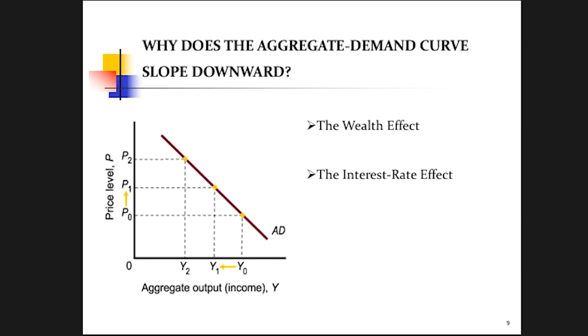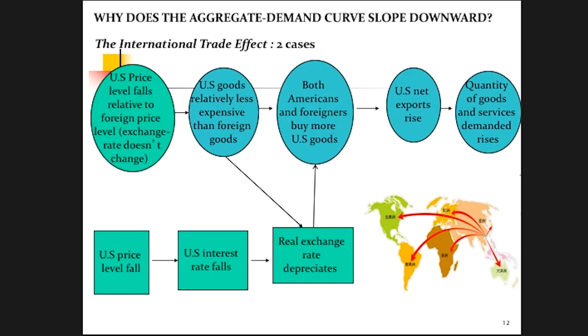And the last effect to explain this relation is the international trade effect, or substitution effect, or the exchange rate effect. If the domestic price falls relative to the foreign price, it means that domestic goods and services become cheaper and export increases.